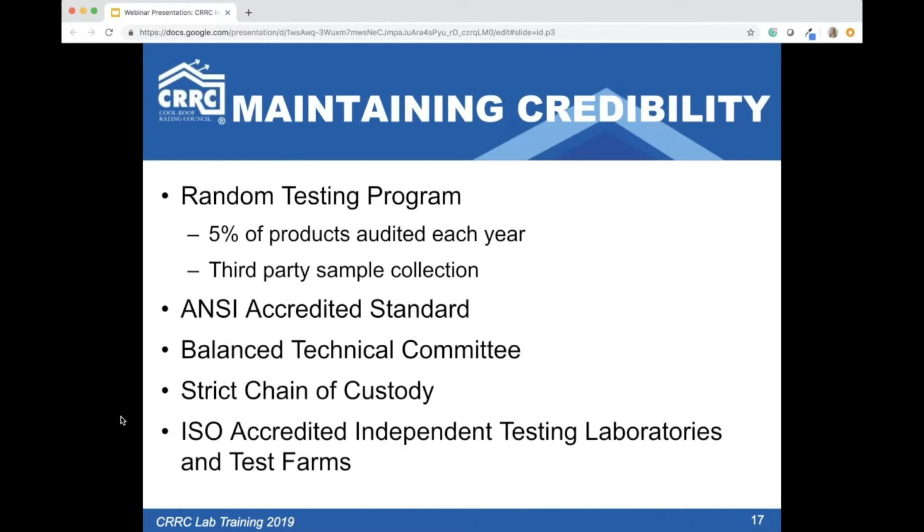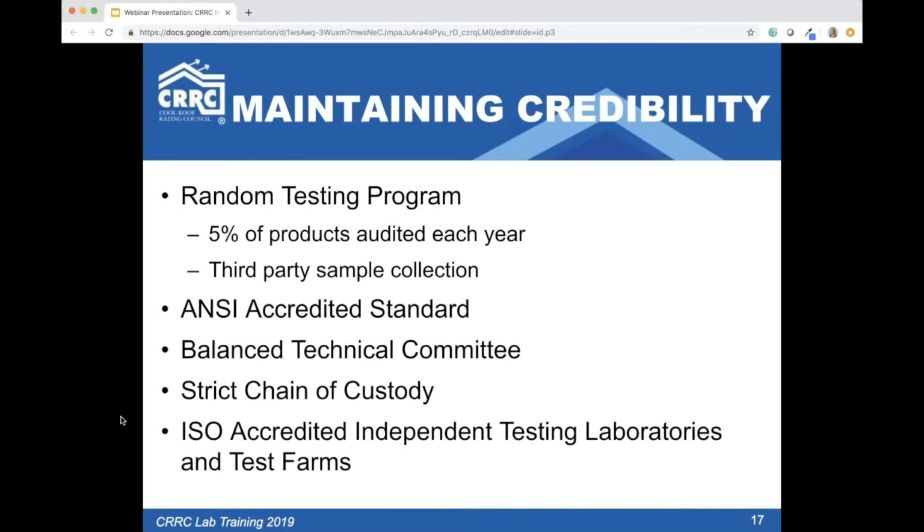We also have an accredited standard, as I mentioned, the ANSI CRRC S100, and that provides information about the testing and reporting requirements for roof products. We also are in charge of updating that every 5 years per ANSI's requirements, and it does go through a public review process.